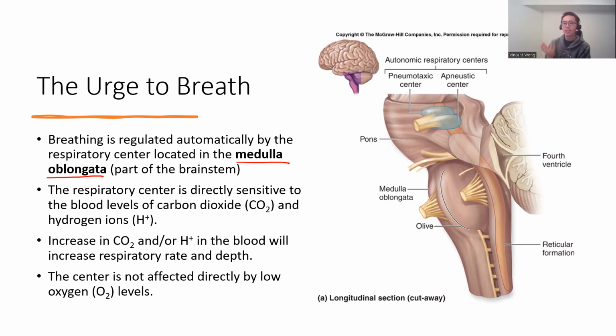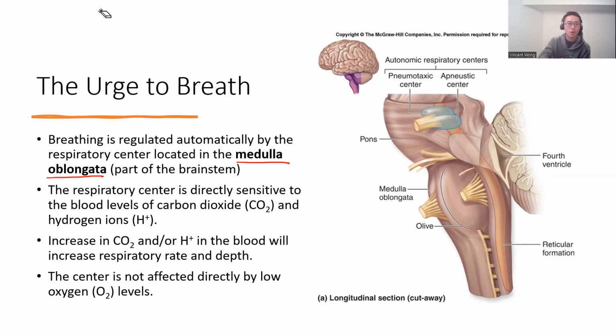So this medulla oblongata contains the respiratory center that is sensitive to carbon dioxide. Many people have a misconception. They think you breathe because you don't have enough oxygen, but actually it is carbon dioxide that is the main driver of breathing.